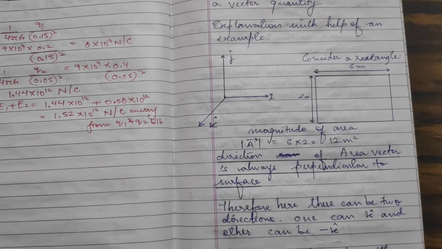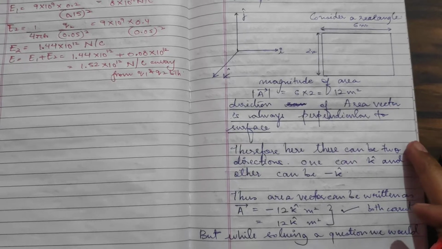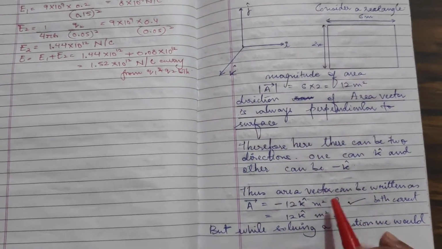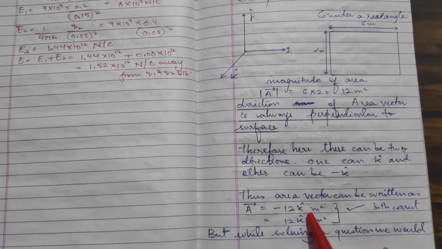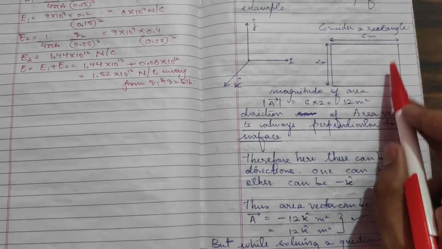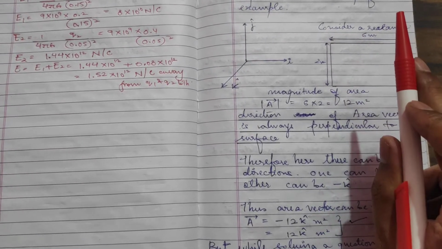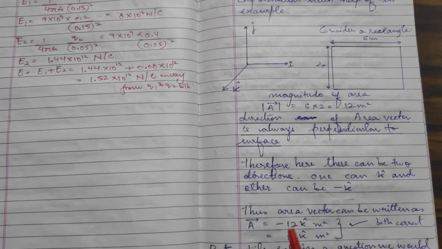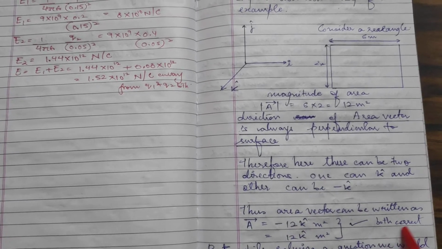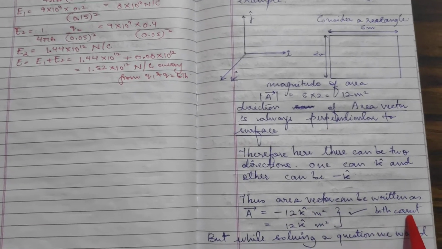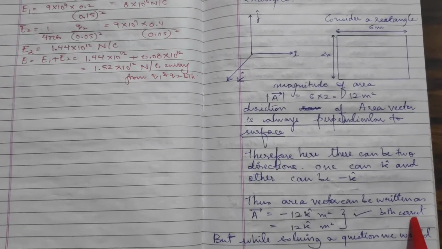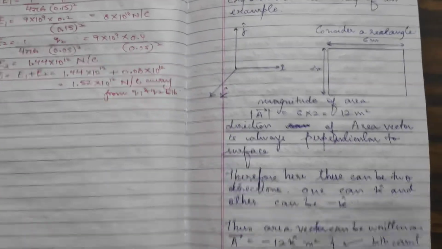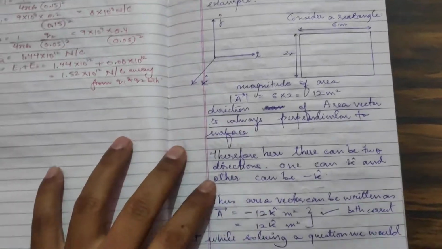I have taken area as minus 12 k cap, and another area vector can be simply 12 k cap, where 12 is the magnitude and k cap, which is outwards, is the direction of the area vector. Now both are correct, but this is a bit confusing because here the direction is very ambiguous. We are not very specific about the direction.